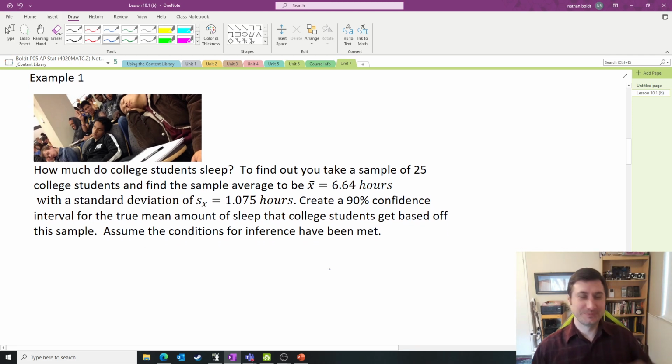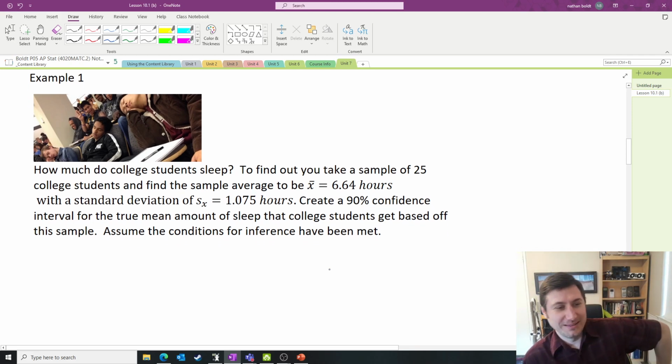So let's do this. How much sleep do college students get? To find out, you take a sample of 25 college students and find the sample average to be 6.64 hours with a standard deviation of 1.05.